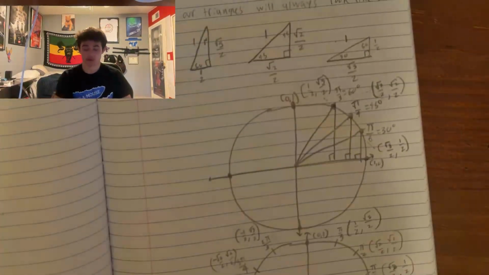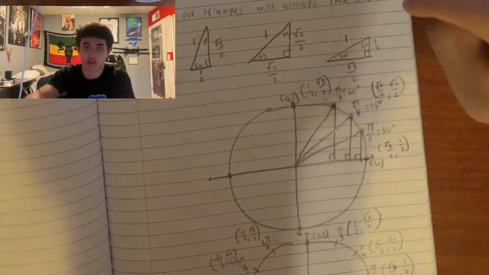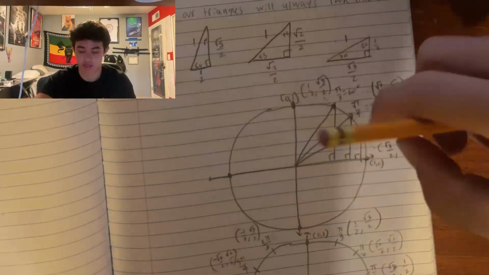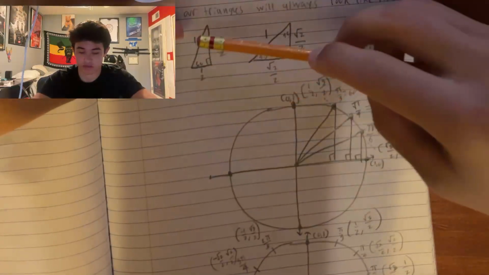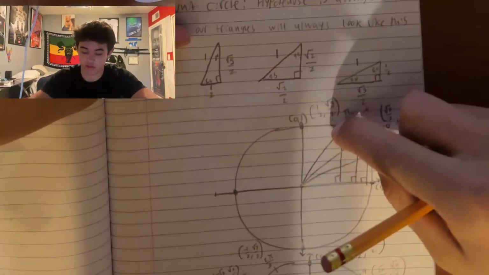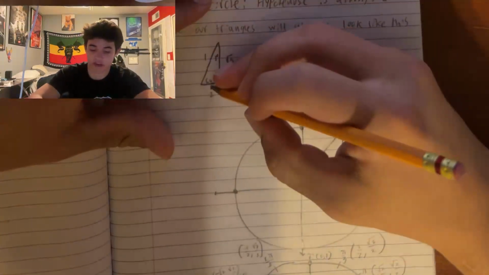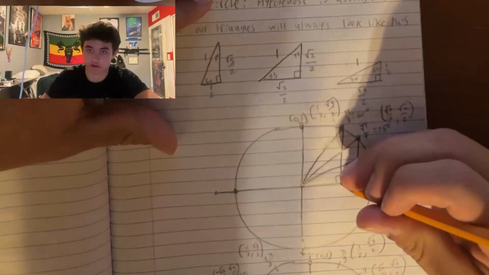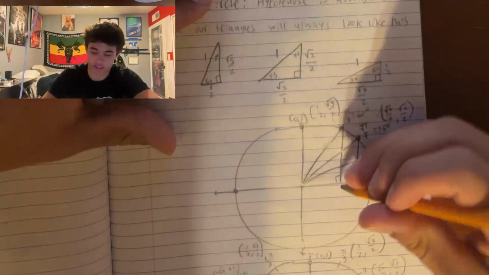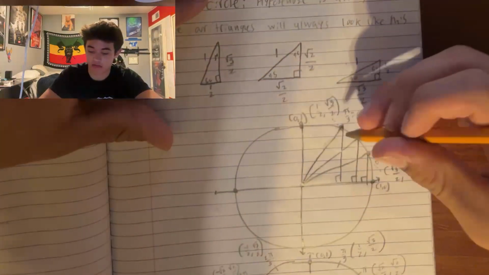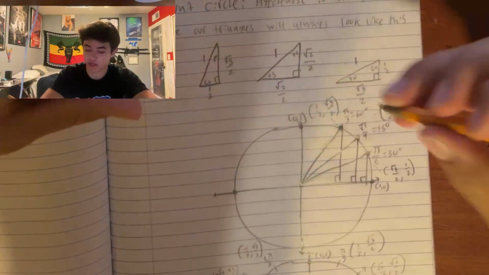So when we put them onto our unit circle, we can actually find the coordinates. Let's just follow this triangle. This big triangle here, that's the one right here. This value, that's going to be your x value because that's how far out you're moving in the x direction. And this long side, that's going to be your y value because that's how far you're going up.